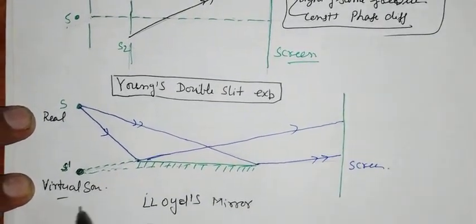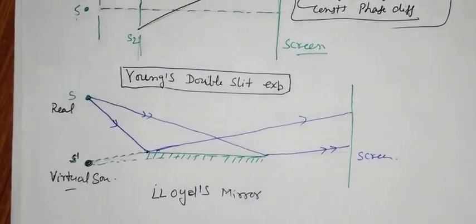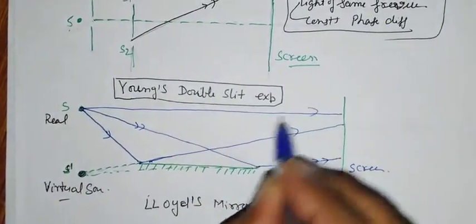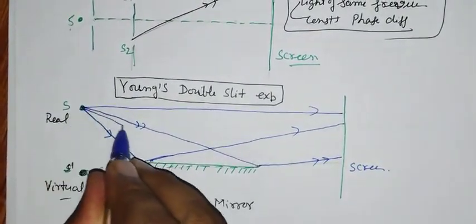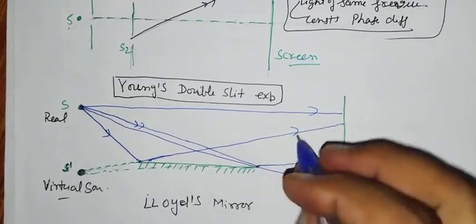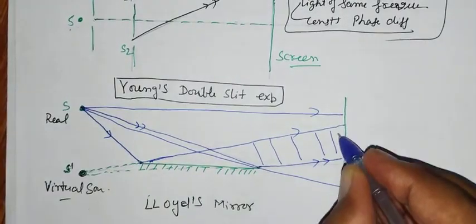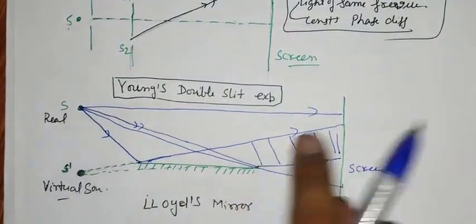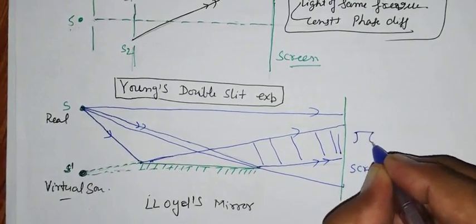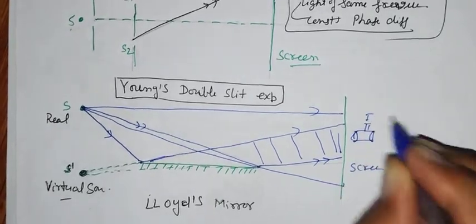We may take one direct ray reaching here and one ray passing at the last. The common area of both is where the interference pattern takes place, which can be viewed through the telescope here.